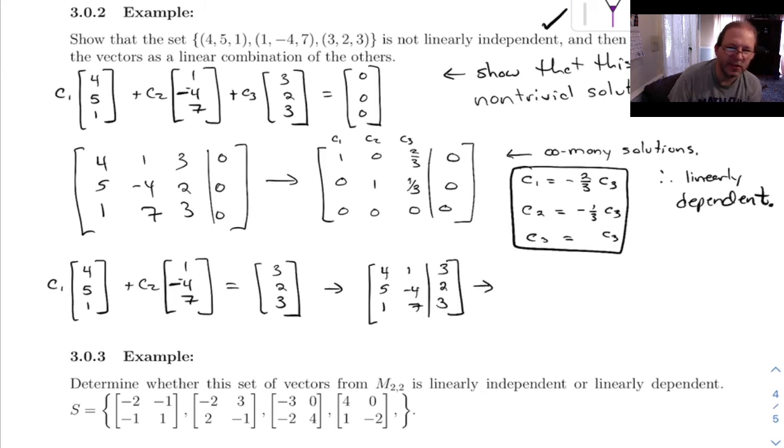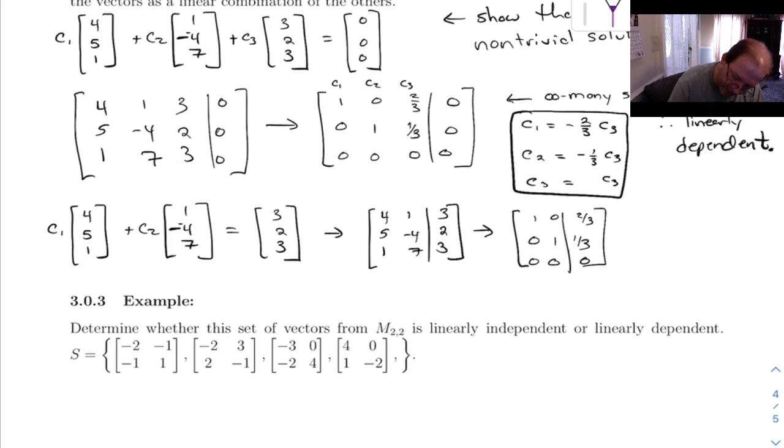Now, notice this matrix, it's really the same one that I had above. It's just we don't have those zeros on the end now, and the augment line is moved over. So when I row reduce this, I get the same thing: 1, 0, 2/3, 0, 1, 1/3, 0, 0, 0.